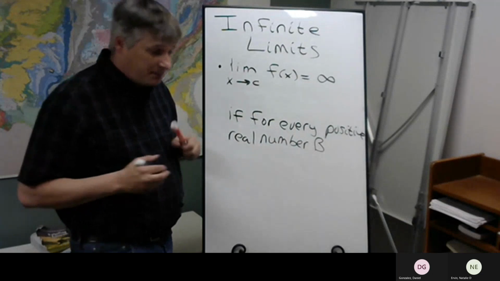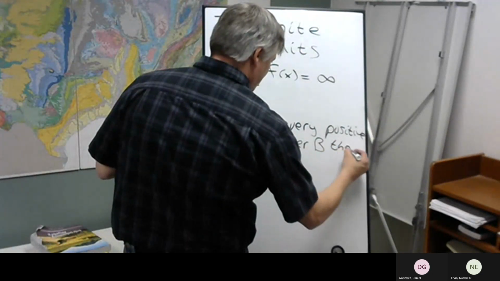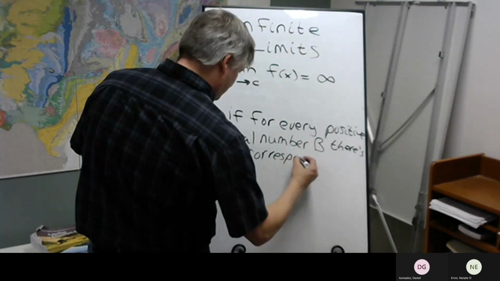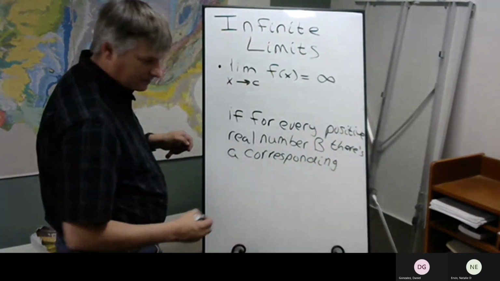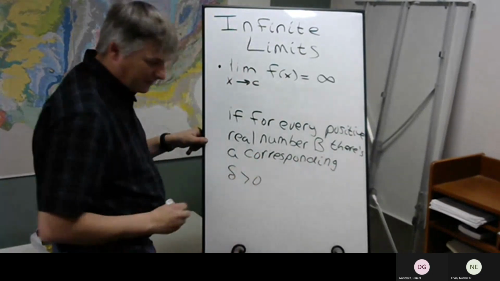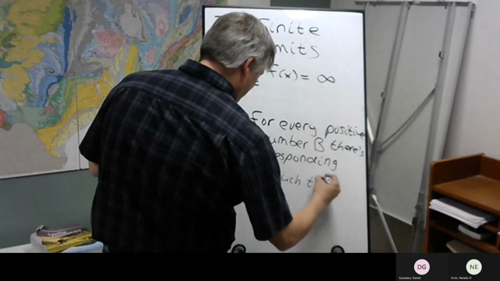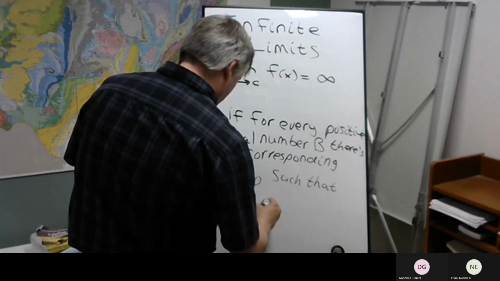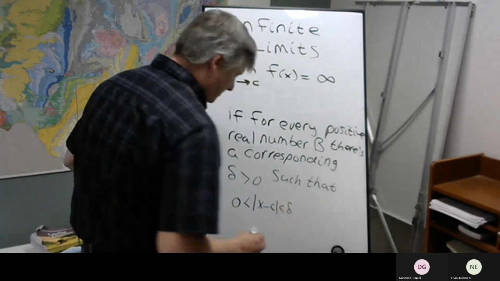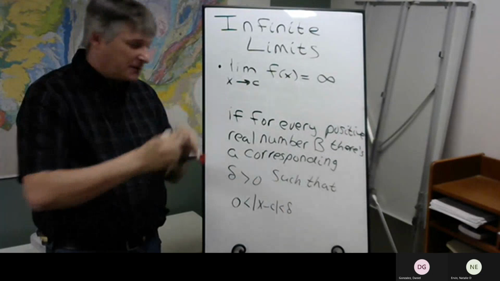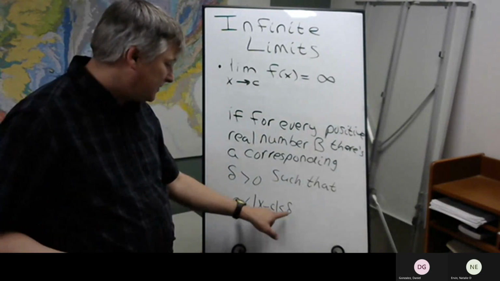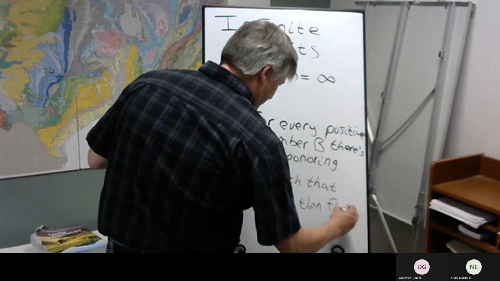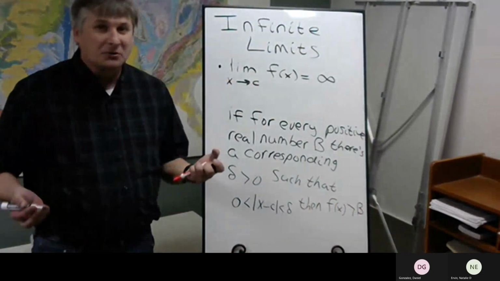So for every positive real number B, there's a corresponding delta greater than 0, such that if the distance between x and c, so x is getting so close to c, the distance between x and c is less than delta, then f of x is bigger than that monster B number.